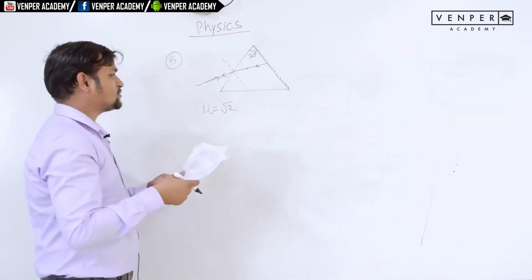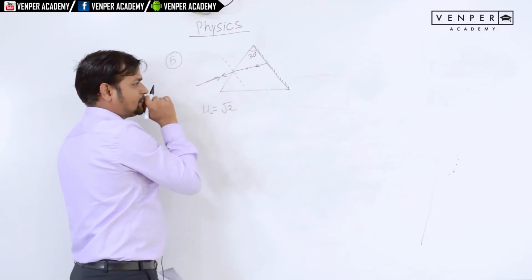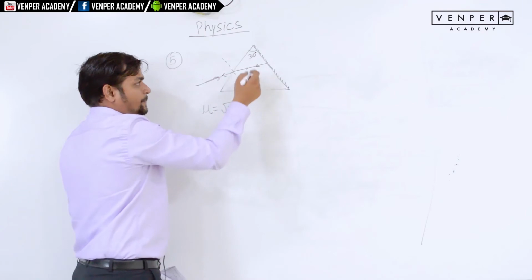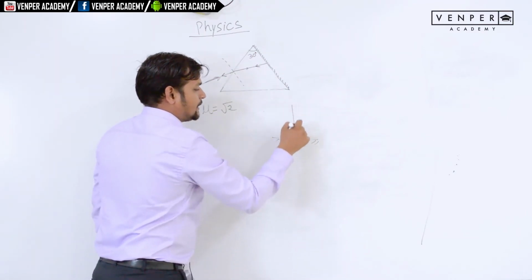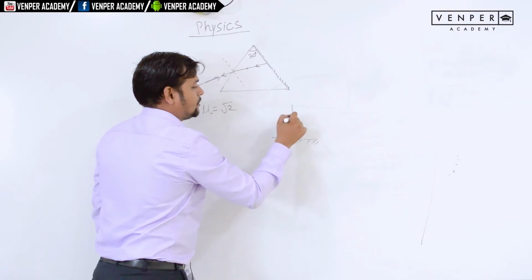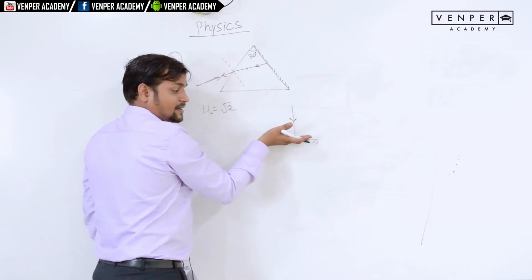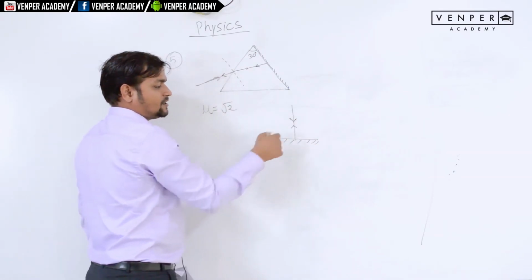Okay, so this question is simple, you just have to think a little bit about what is the condition for that retracing of path. We know that in the case of a mirror, whenever the incident ray is perpendicular to the mirror, it will bounce back, it will retrace its path.